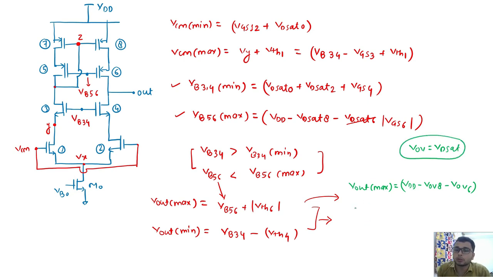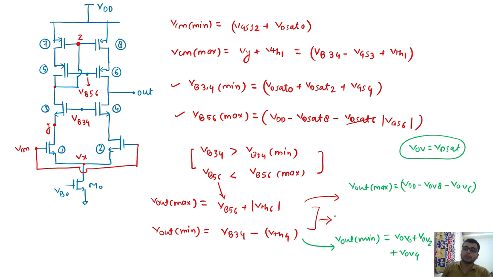So this can be the maximum value, and minimum value can also be V overdrive of 0 plus V overdrive of 2 plus V overdrive of 4.